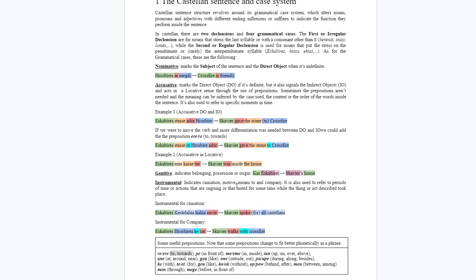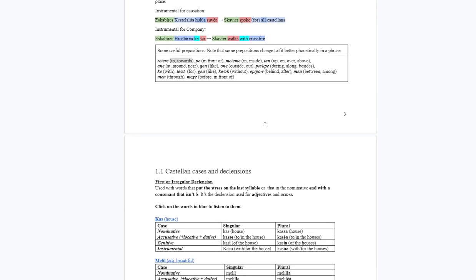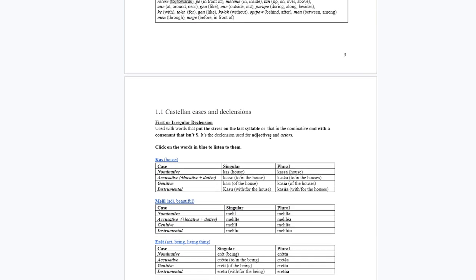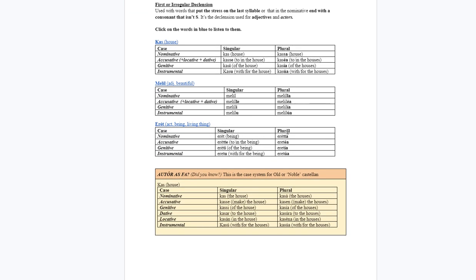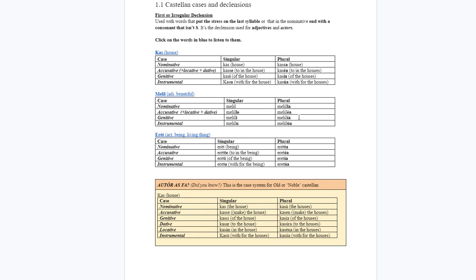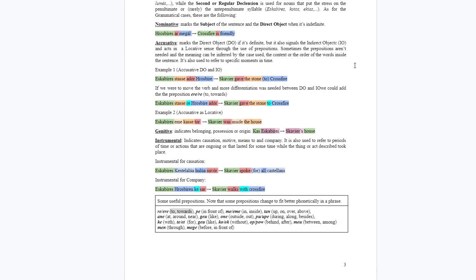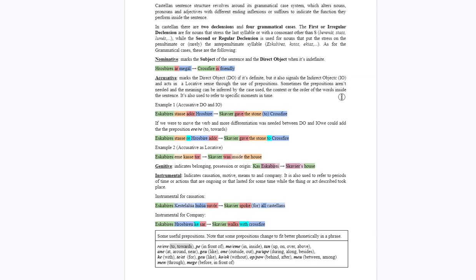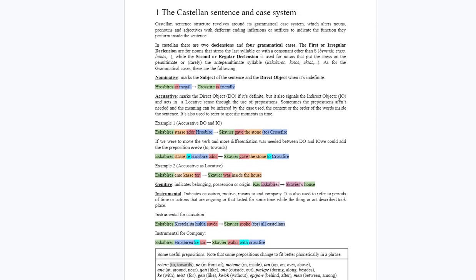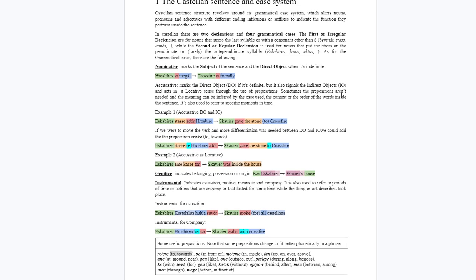So we have four grammatical cases, but these grammatical cases can end in two possible ways, depending on how they are pronounced. But we will look into this later. First of all, let's clear out what these grammatical cases are and when we will use them.